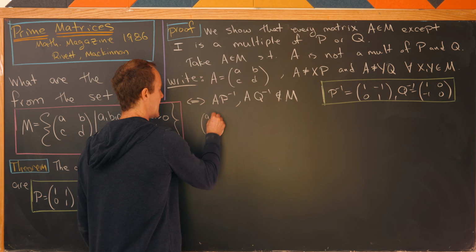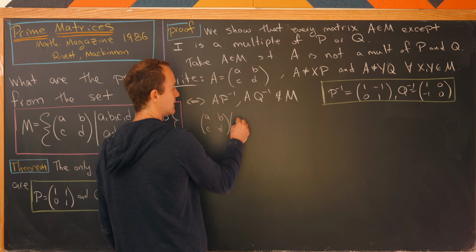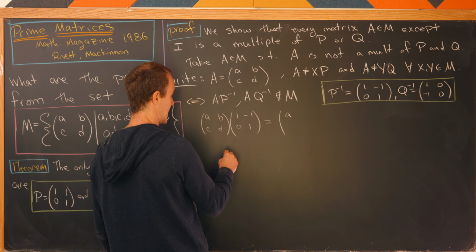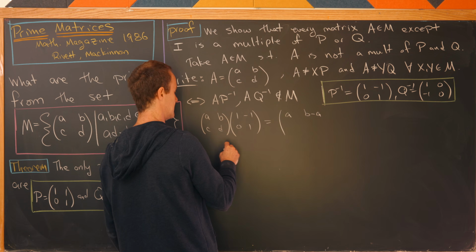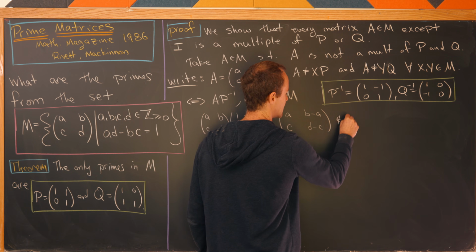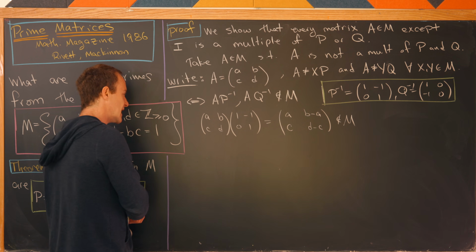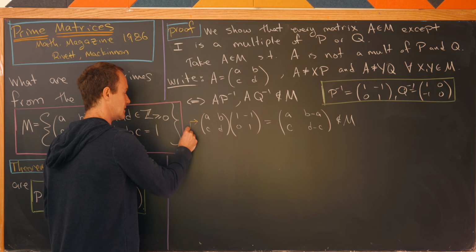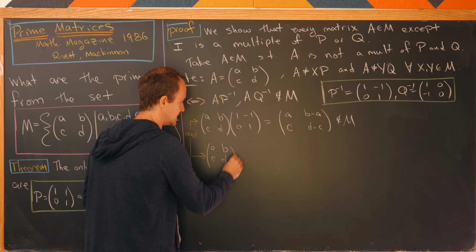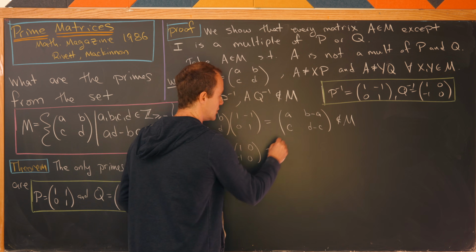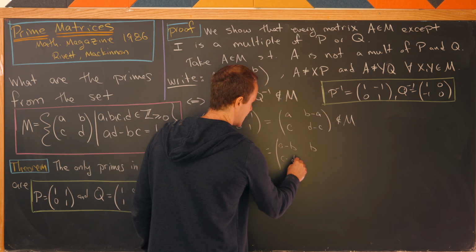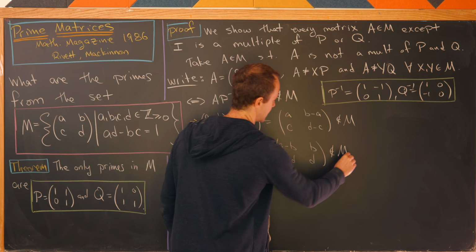Okay, so we know that A, B, C, D times 1, negative 1, 0, 1, which is equal to, let's do the calculation, so we have A, and then here will be B minus A, and then here will be C, and then in this entry right here will be D minus C. We know that this is not inside of M. And simultaneously, we know that the other product, A, B, C, D times 1, 0, negative 1, 0, which is equal to, let's see, this will be A minus B, B, C minus D, D, is also not an element of M.